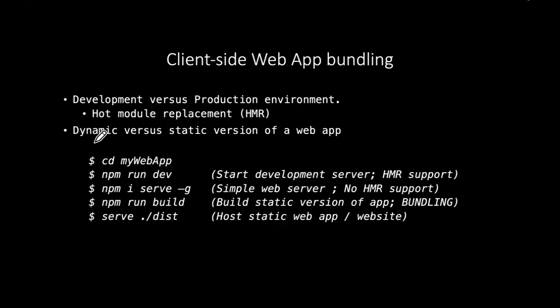Another way of contrasting those two environments is we talk about a dynamic version of our web app versus a static version of it. The static version is what you use in production. The dynamic version is what is being used in development mode.